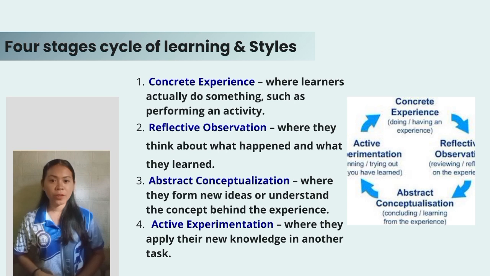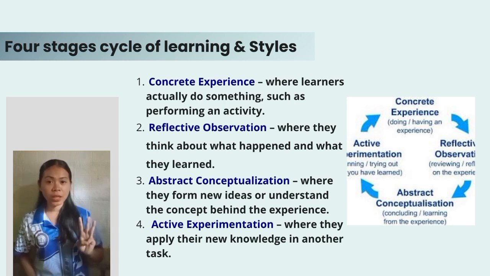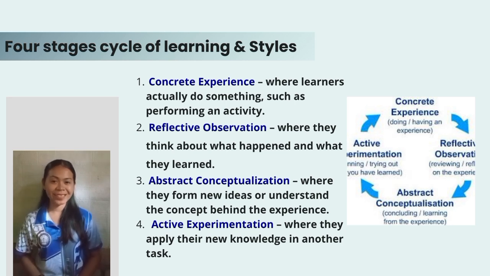Second is the reflective observation, where the learner thinks about what happened and what they learned. Third is the abstract conceptualization, where the learner forms new ideas or understands the concept behind the experience. And fourth is the active experimentation, where learners apply their new knowledge in another task.